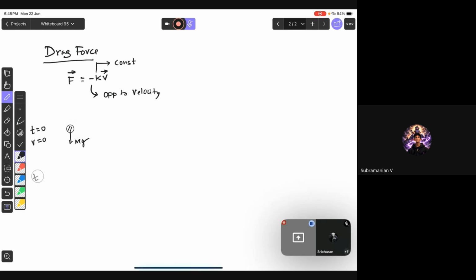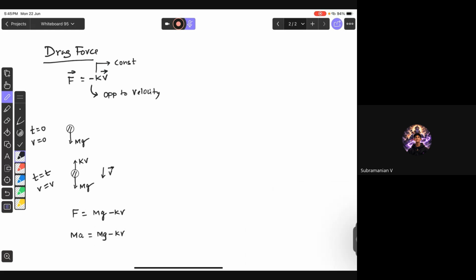After some time t, suppose it has velocity v, in the downward direction. So the drag force will act in the upward direction. The total force in the downward direction came out to be mg minus kv. Then we wrote force equals ma, which is equal to mg minus kv. So we got a equal to g minus k by m into v.